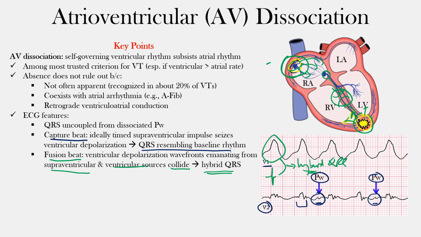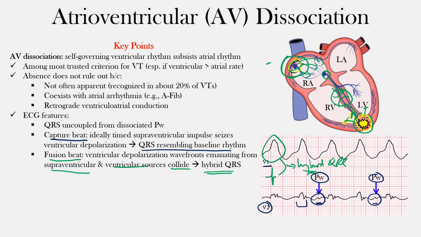In other cases, AV dissociation simply cannot be recognized because overlying QRS complexes and T waves obscure the dissociated P waves. Furthermore, it is essential to recognize that up to approximately half of ventricular tachycardias will demonstrate retrograde ventriculoatrial conduction, wherein the ventricular impulses conduct retrogradely through the His-Purkinje system to depolarize the atria. In such cases, ventricular tachycardias will not exhibit AV dissociation.